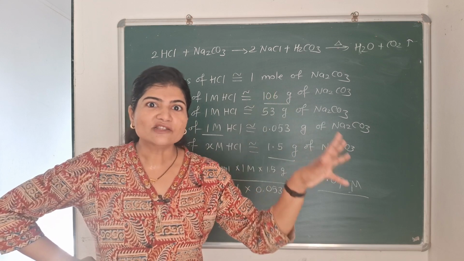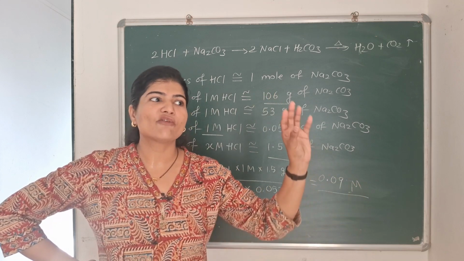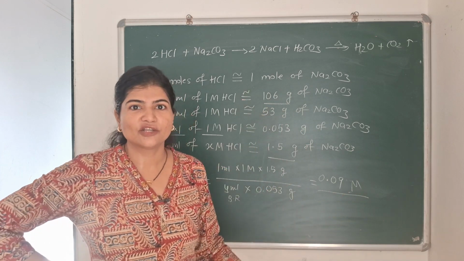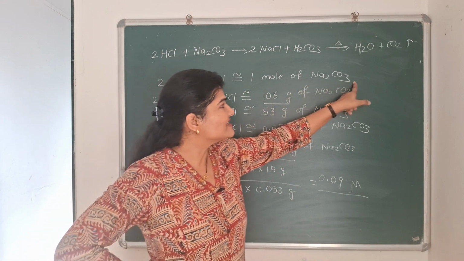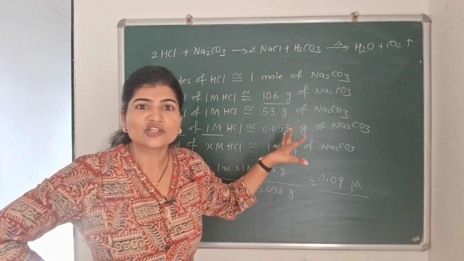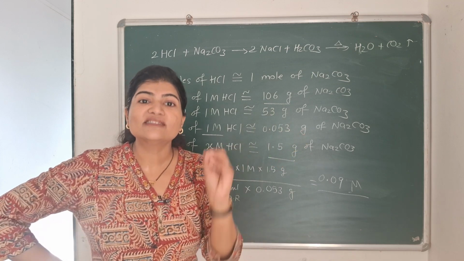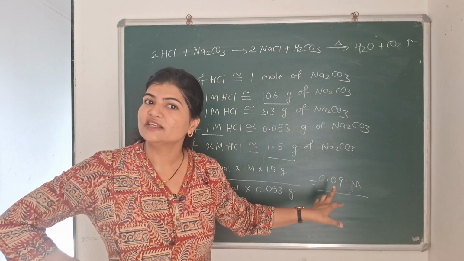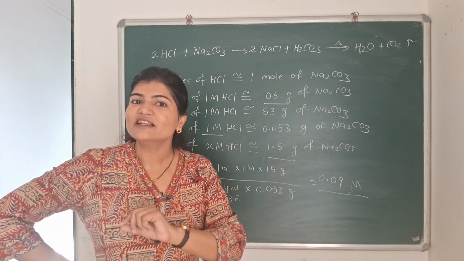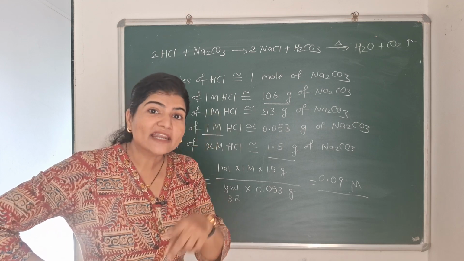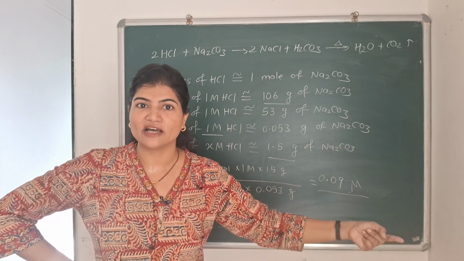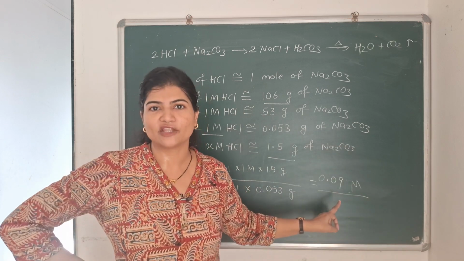You are preparing a solution of a secondary standard substance of a said molarity, and through standardization, by comparing it with a primary standard substance through titration, you are coming to a result where the exact concentration of that solution is determined. So in the result we mention that the molarity of the HCl solution, which was prepared as 1 molar, is actually 0.09 molar.